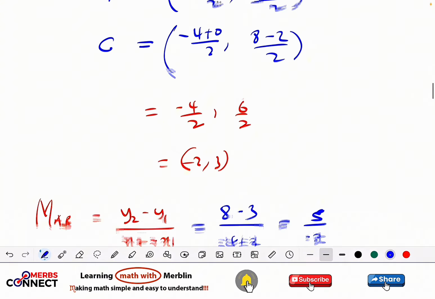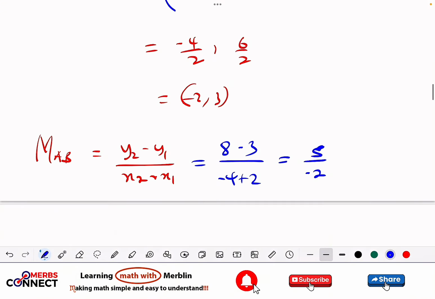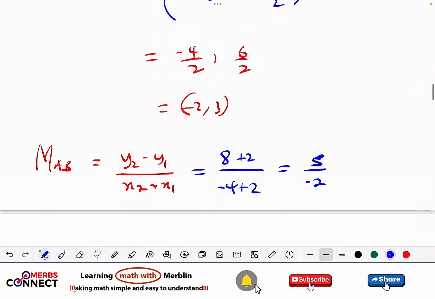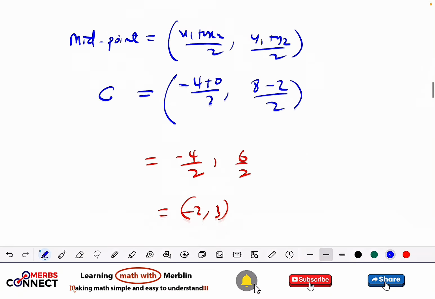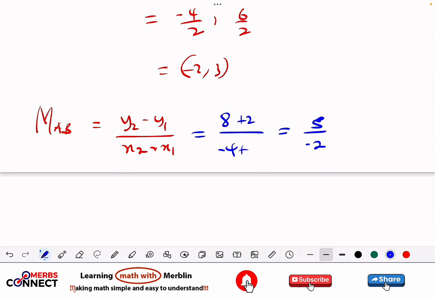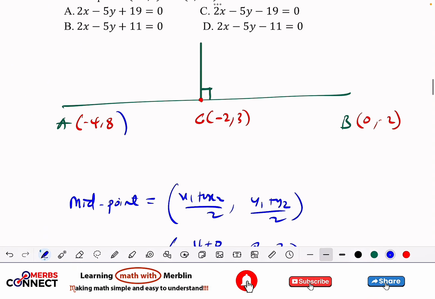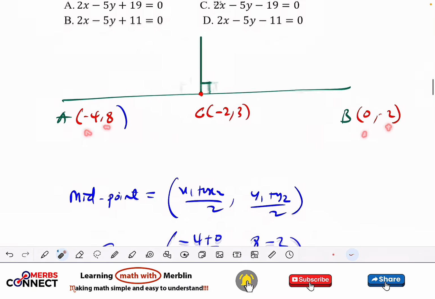So it's supposed to be 8 minus (-2), so it's going to be plus 2 rather. And then we are going to have -4 minus 0. So we are going to have 10 divided by -4, and this is 5 divided by -2. Is that right? So let me see, 8 plus 2, 10. Okay, so that's right.